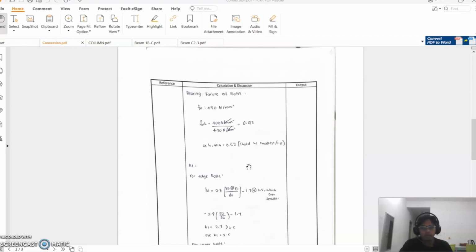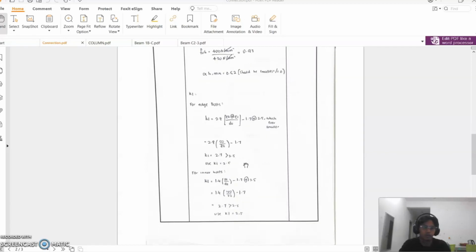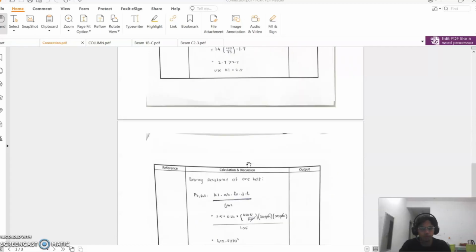The value is 0.52, which should be smaller than 1.0, so it is okay. For K1, for each bolt, we use K1 with the value 2.5. For the inner bolt K1, use 2.5.